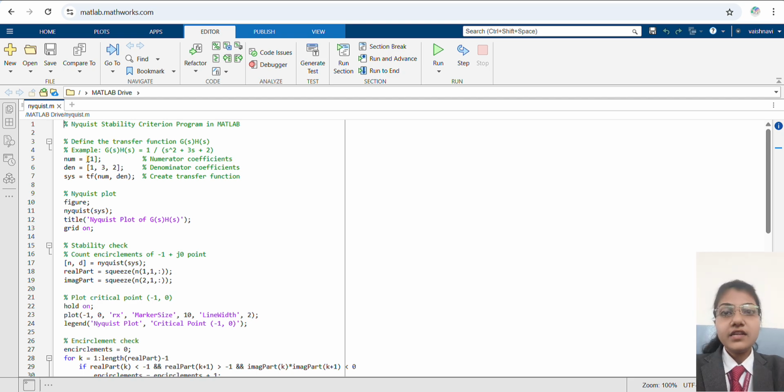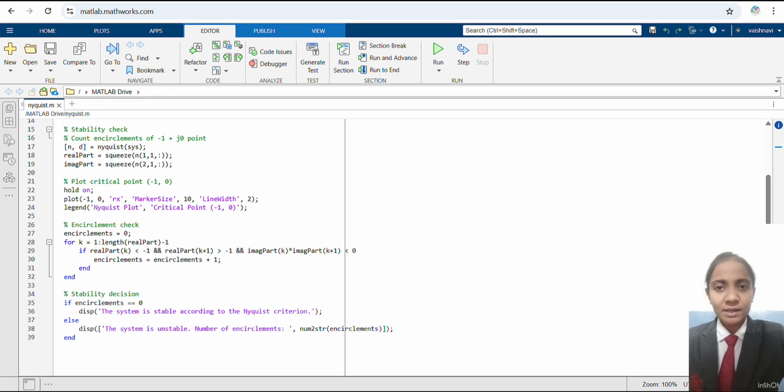In applying the Nyquist criterion, we identify the critical point at -1, 0 in the complex plane. This point is manually plotted as a red x on the Nyquist plot to visually indicate where the system stability is judged. The number of encirclements is computed programmatically: the code examines the data points of the Nyquist plot. It iterates through each pair of consecutive points and checks two conditions.